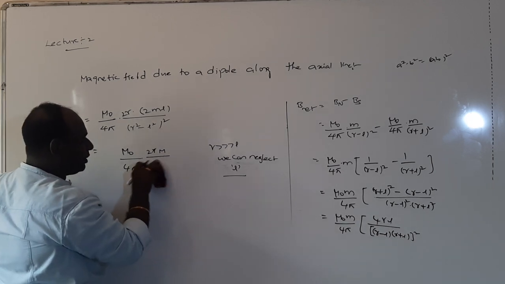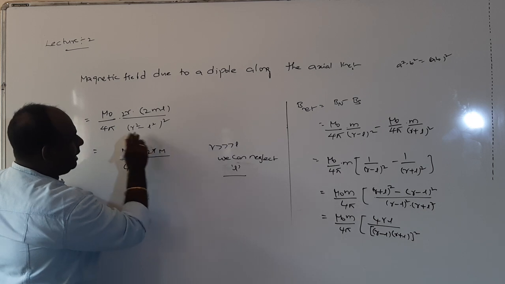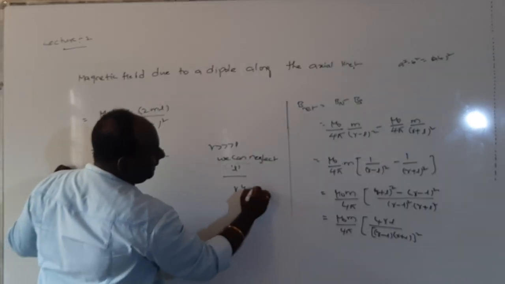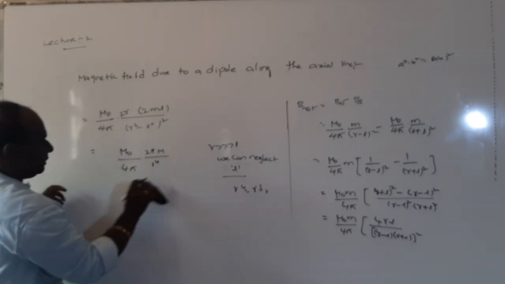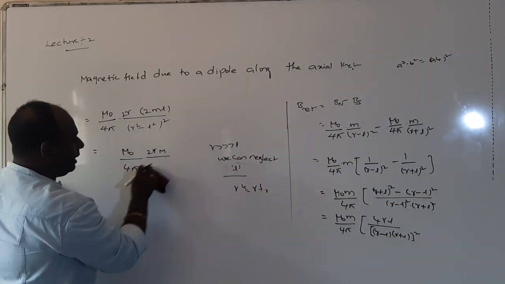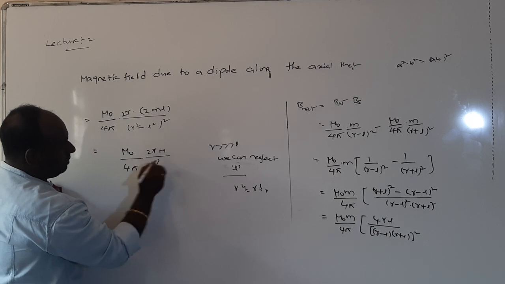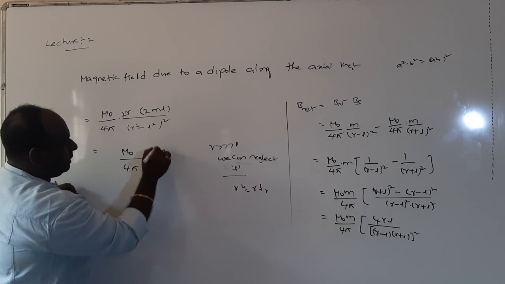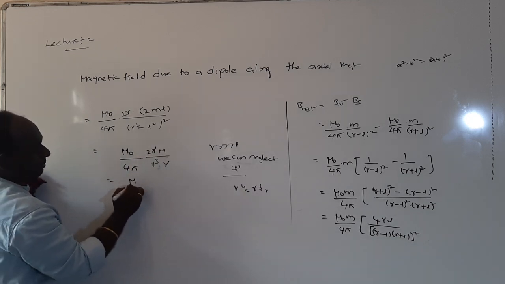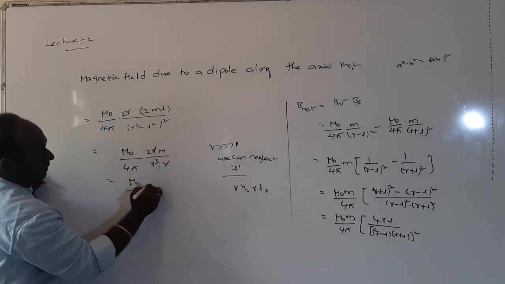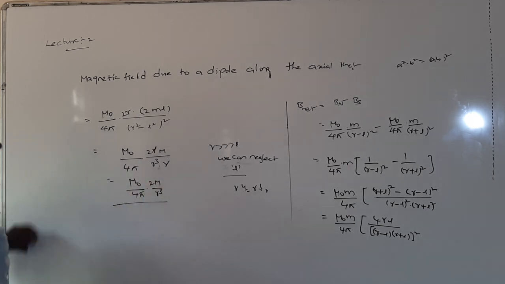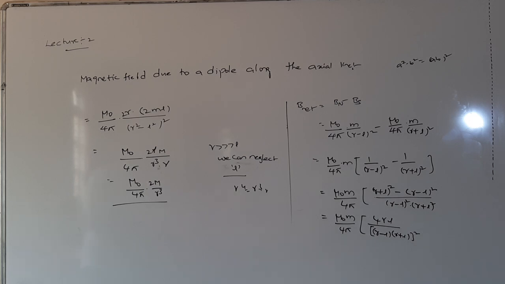I am going to write r power 4 as r cube into r. If you write r power 4 as r cube into r, the r gets cancelled. So finally, you will get mu naught by 4 pi into 2m by r cube. This is the magnetic field due to a dipole along the axial direction.